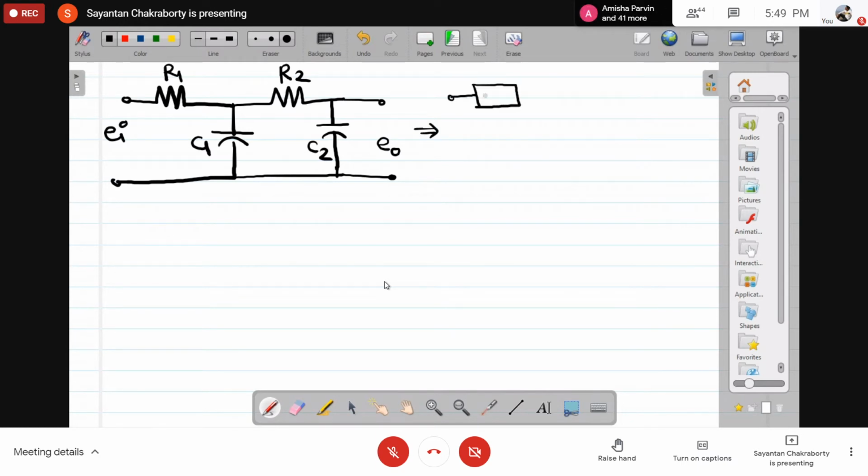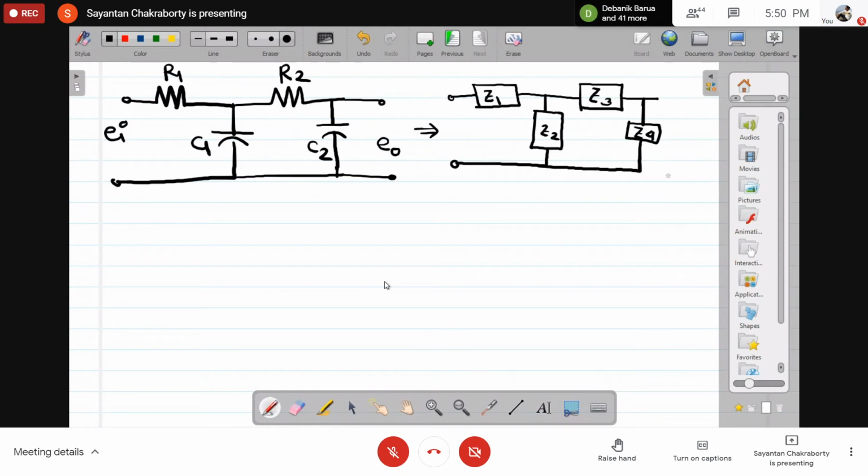Say this is Z1. For this situation only, I will not write S everywhere because it's very difficult to write so many S. Z3, Z2, say Z4, and since it's in the Laplace domain, E0S, EIS.